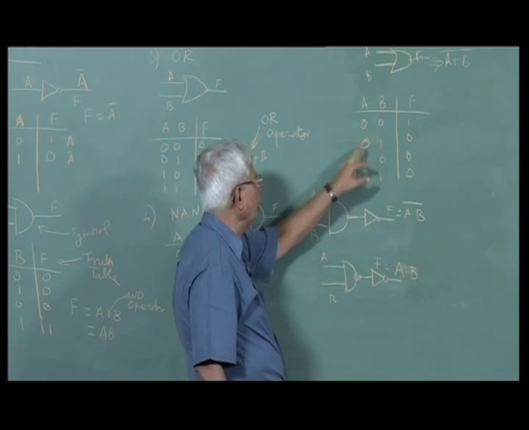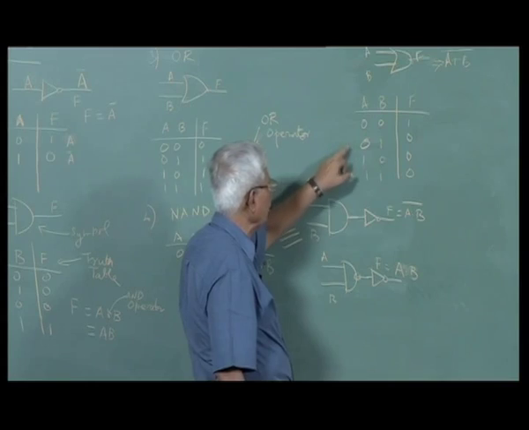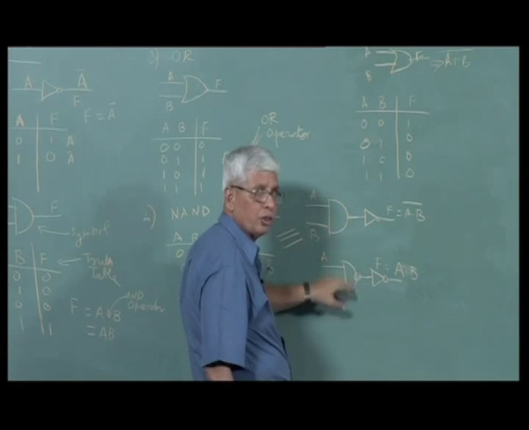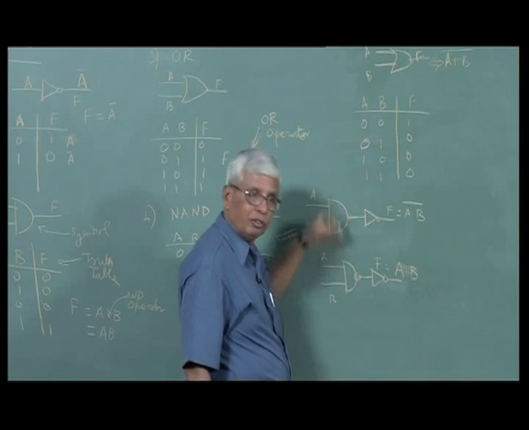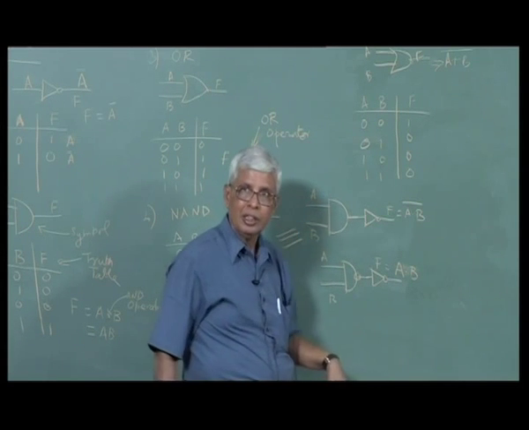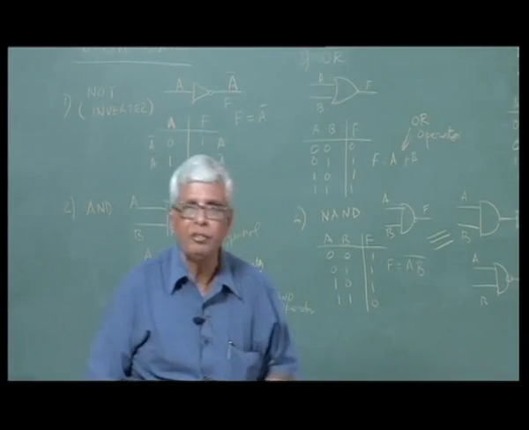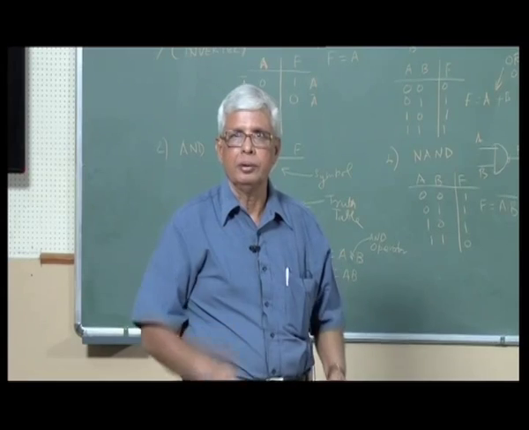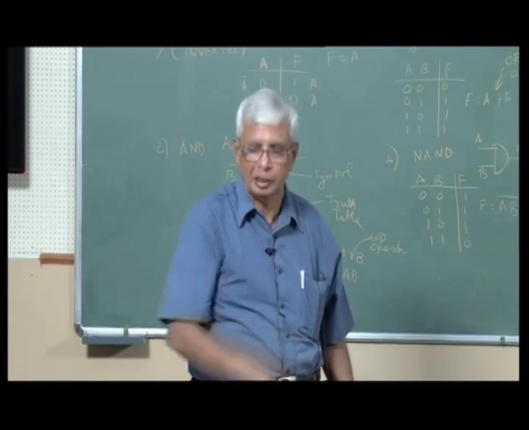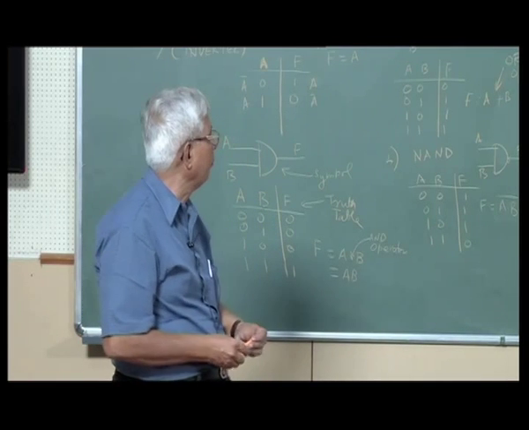Next bit: 0 0 1 1 0 0 1 1 0 0 1 1. Then the third will be 0 0 0 0 1 1 1 1 0 0 0 0 1 1 1 1. The fourth will be 8 zeros followed by 8 ones. The fifth will be 16 zeros followed by 16 ones. If you adopt that pattern, you will not make the mistake of omitting something, and all the lines will be covered. And also when we use it for simplification purposes, it will be very useful. I will show you that at that time.